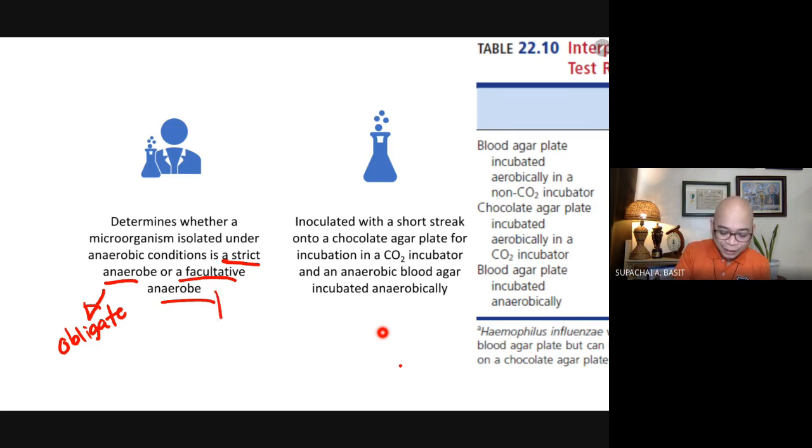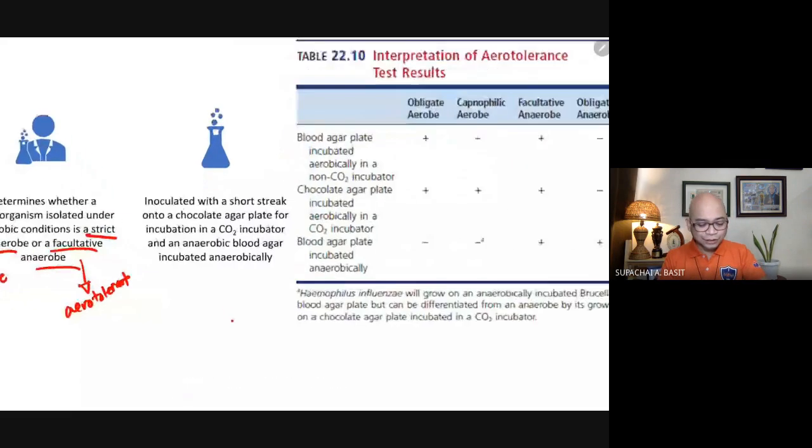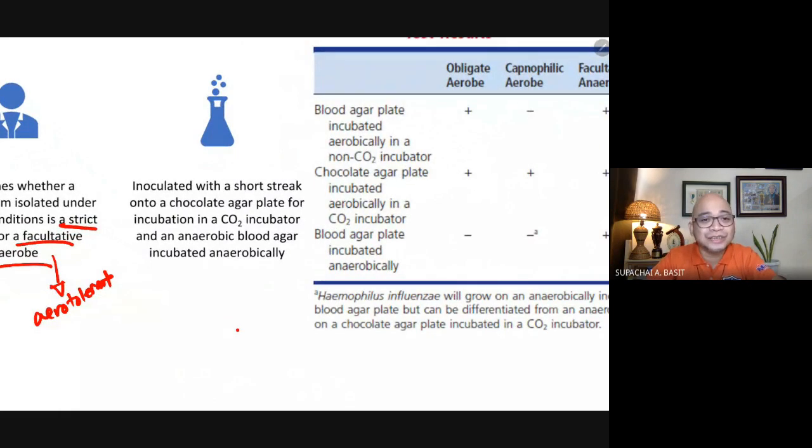But when you say facultative anaerobe, they are aerotolerant, meaning they can survive oxygen, but they are anaerobic by nature. So we also inoculate them with a short streak onto a chocolate agar plate for incubation in a CO2 incubator, and anaerobic blood agar incubated anaerobically. That's one way of doing it.